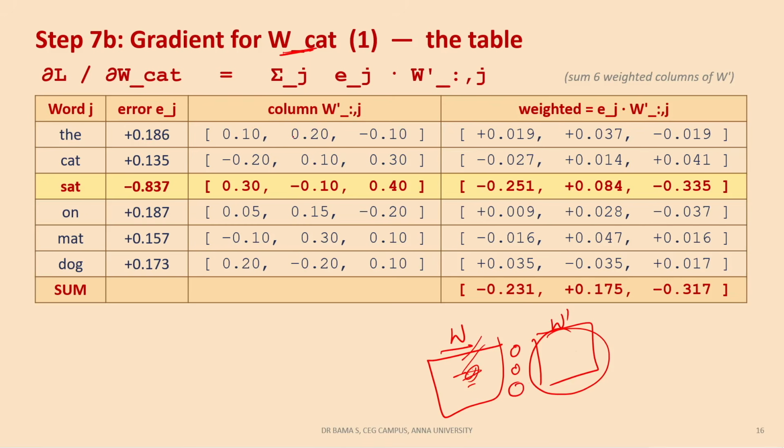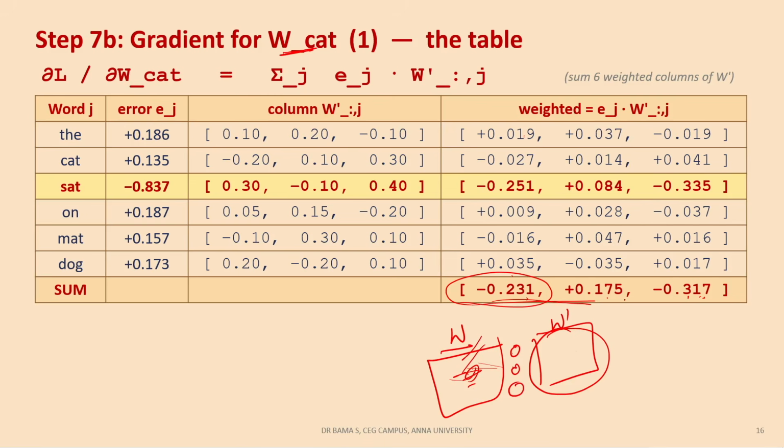We multiplied these both, and we get these values. Now we add up all these values, and we have minus 0.231, 0.175 and 0.317. At this point, if you look at it, there is one neuron constituting the entire value of the sum from all the inputs.